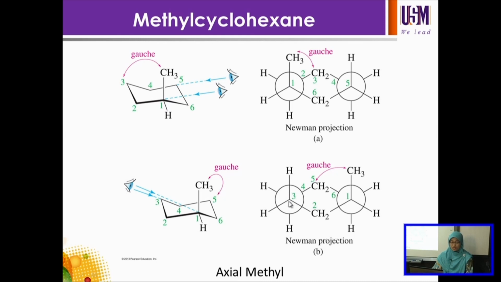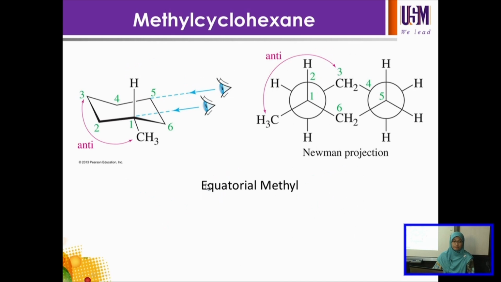You can also see here that this methyl group in axial position is gauche with carbon number 5. So there is an interaction between the methyl group and the carbons at number 5 and number 3. This is if the methyl group is in axial position.